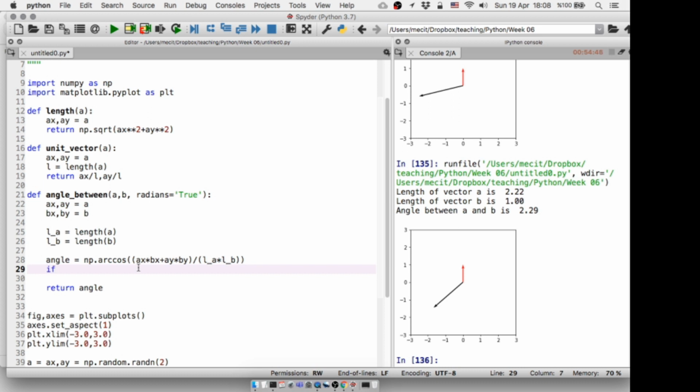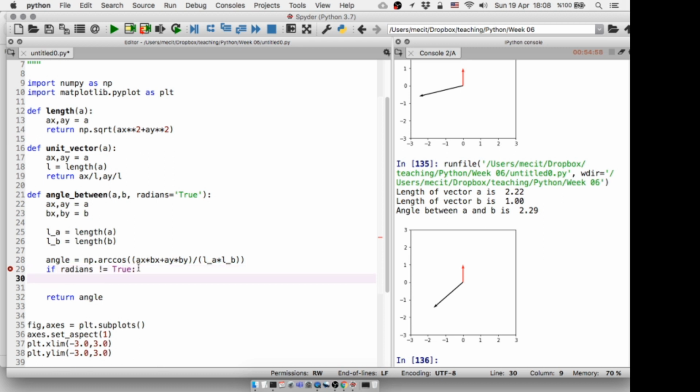But if radians is not true, then I want to convert the angle into degrees. That would be angle over pi times 180. So this should give the angle in degrees.